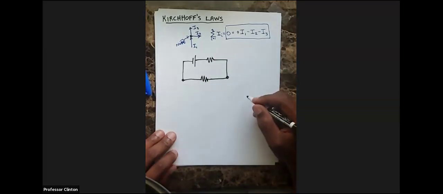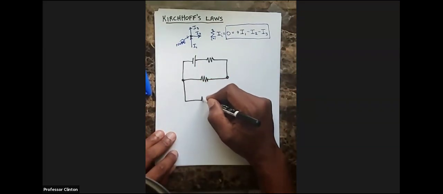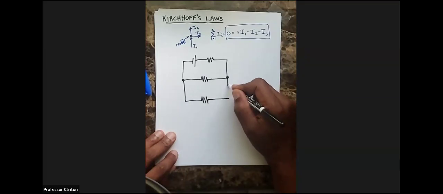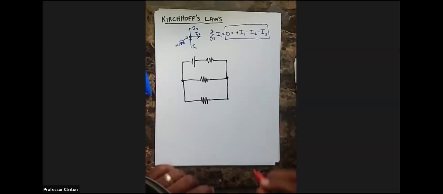These appear to be in parallel, but we won't be able to solve it based on just that. And we'll have another resistor down here. So let's focus in on this thought of having nodes and what's going on at the node.